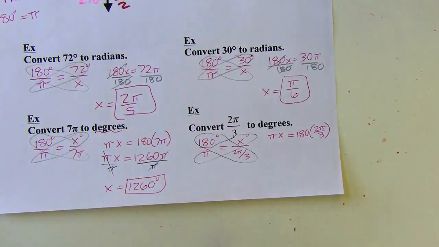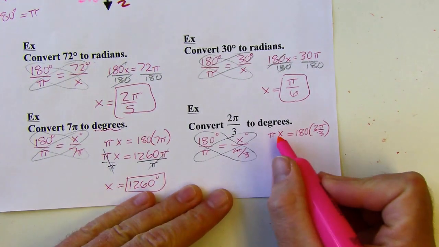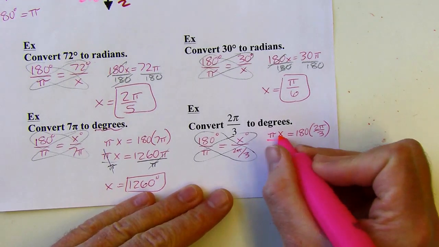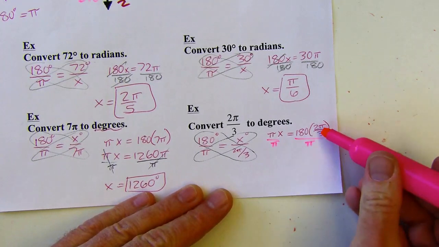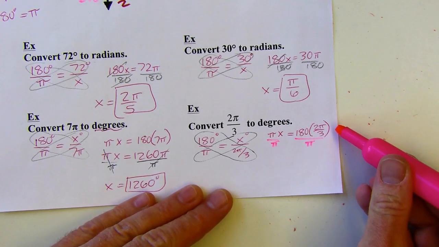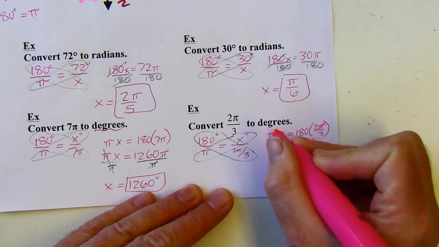Okay? And so this seems a little more, well, it is a little bit more complicated, but when I want to isolate the x at some point I'm going to have to divide by pi. And when you do that, you could write this as 2/3 times pi, right? So those pi's are just going to cancel like that as well, okay?